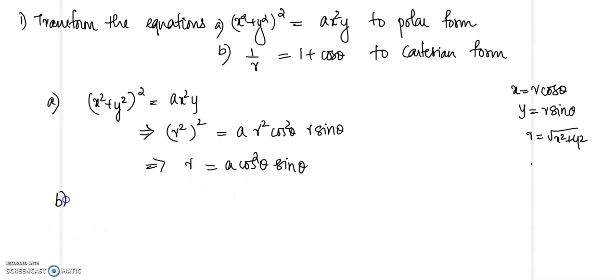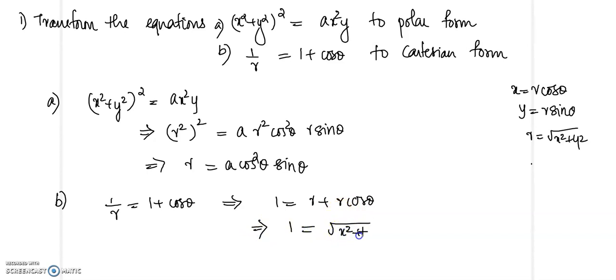And the second problem is 1 by r equal to 1 plus cos theta. Now this can be written as 1 is equal to r plus r cos theta. Now substituting, r will be root of x square plus y square and r cos theta will be equal to x. So we can write it as 1 minus x equal to root of x square plus y square.